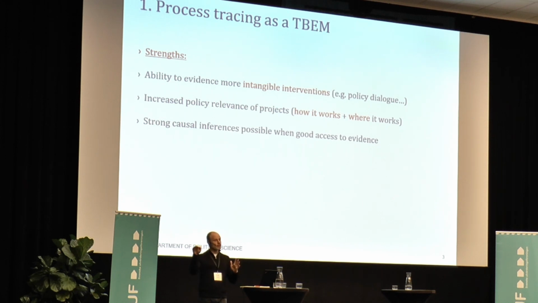There we have a theory of the crime, and then we have evidence for it. And it's in particular the activities that are linking, in a crime, some kind of motivation, and then the actual crime. Here, some kind of intervention and contribution. The activities, the interaction between program actors and then different target actors, and what people are doing in their interaction. That's what we would be wanting to evidence empirically.